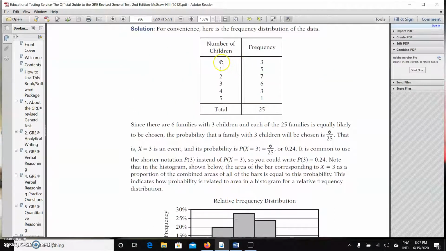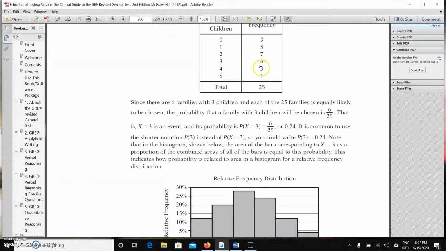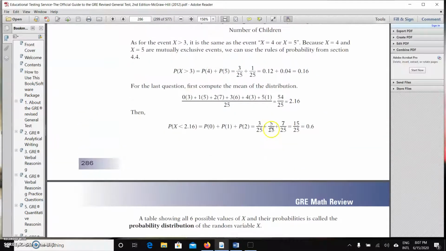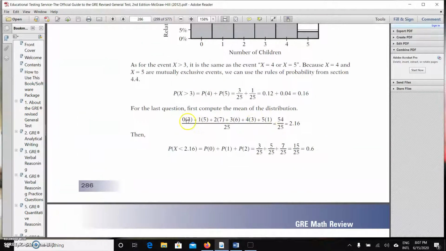So you multiply 0 times 3 plus 1 times 5 plus 2 times 7 plus 3 times 6 plus 4 times 3 plus 5 times 1, all over 25, because that's the total number. That's what they did here. They multiplied it through and got 54 over 25 equals 2.16. So this is the mean.